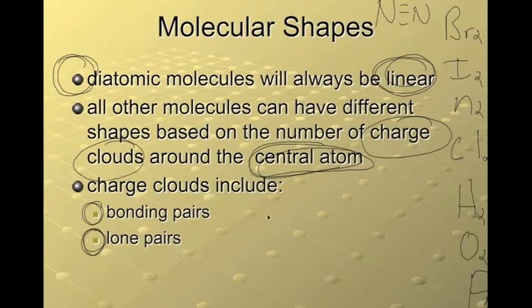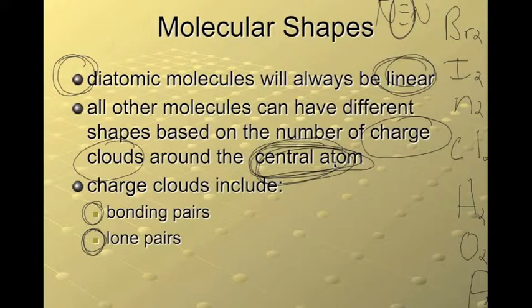Remember, we said the other day that bonding pairs are our dashes. Looking up here at our nitrogen, these are our bonding pairs, those are our dashes. When we talk about lone pairs, those are our dots, and they're around the central atom.